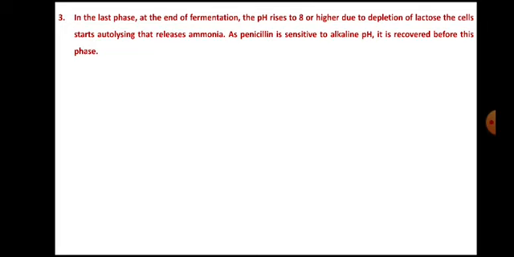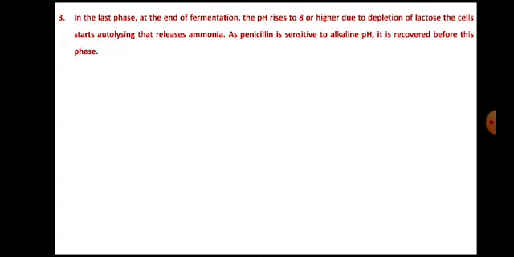Now lactose is finished from the medium and the cells will start getting autolyzed. Autolysis of the mycelia will lead to release of ammonia, which is there in the mycelia. It will be released in the medium and the medium's pH will increase to 8.